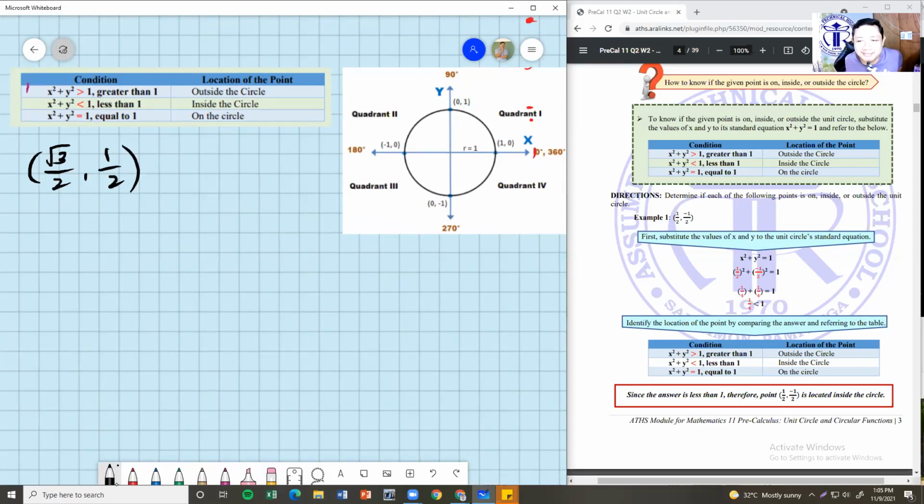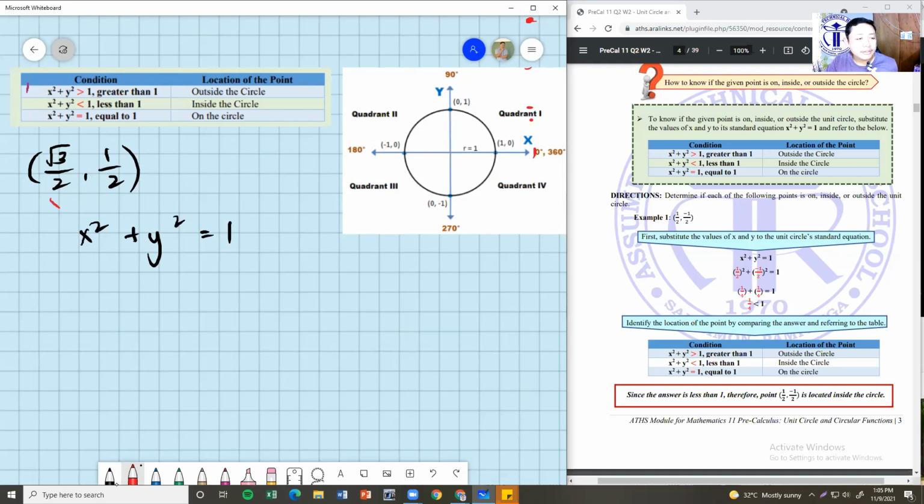This becomes more exciting simply because this is not that easy to graph, just like our previous example. So for us to identify whether it is in, on, or outside the unit circle, let's use the formula. So we have x squared plus y squared is equal to 1.